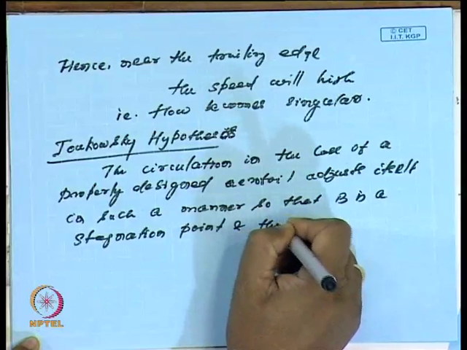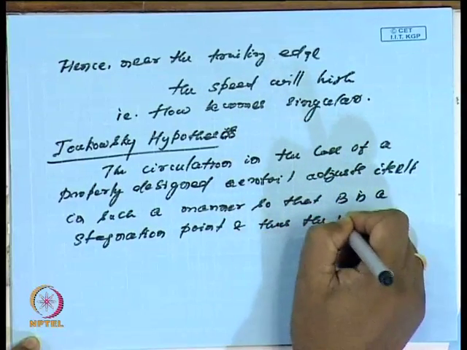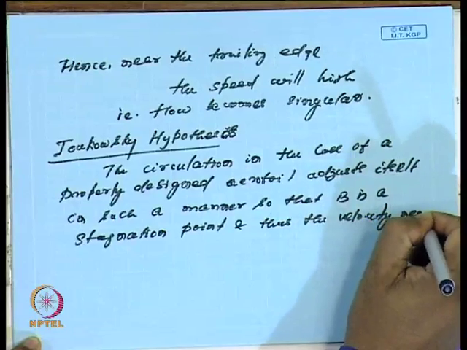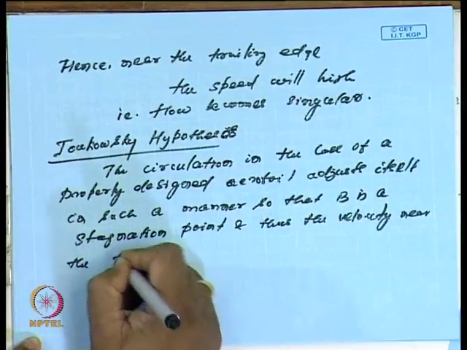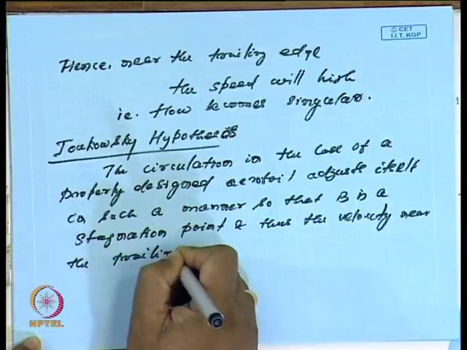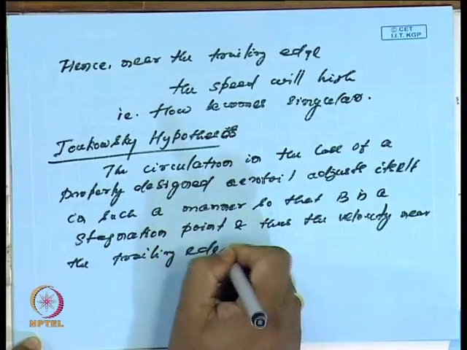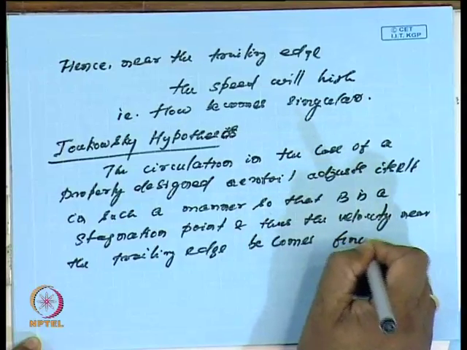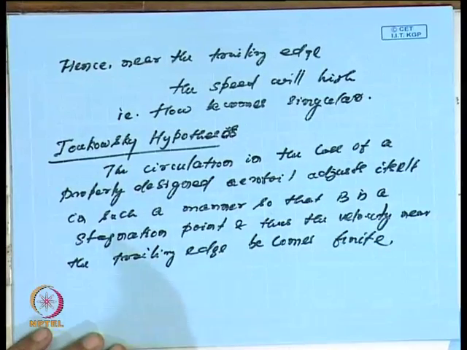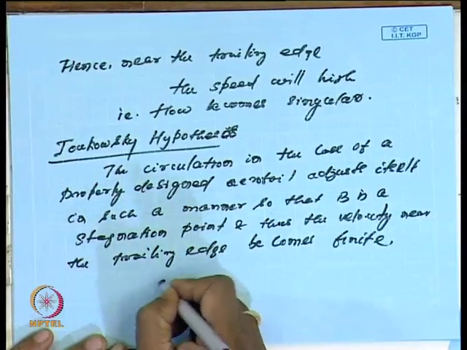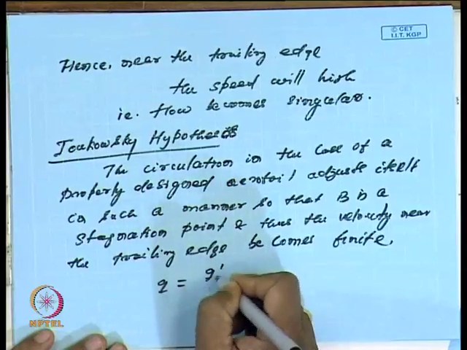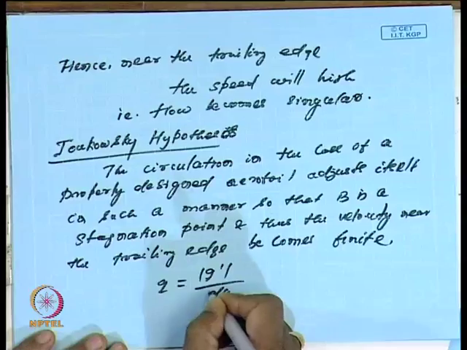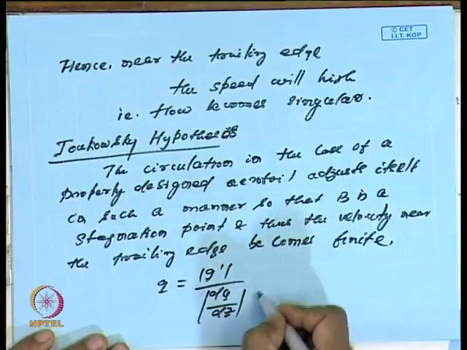And thus the velocity at the trailing edge becomes finite. In fact, this is obvious because we have already seen that our q is q prime modulus by d zeta by dz, and this will be 0.